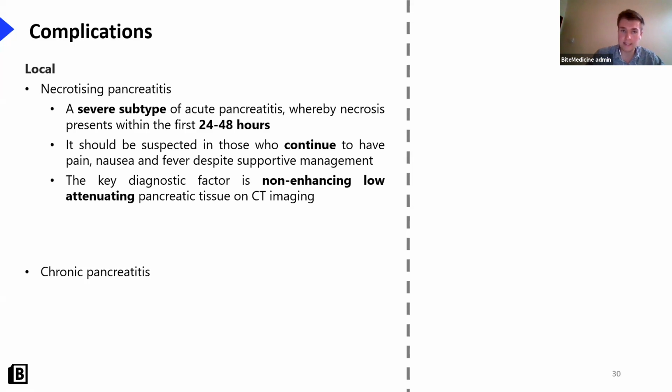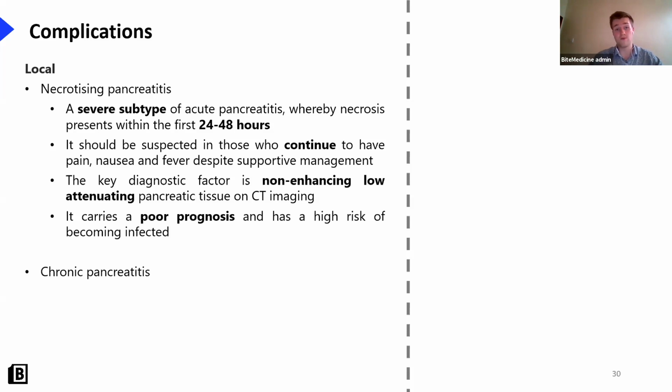And the key diagnostic factor is non-enhancing, low attenuating pancreatic tissue on CT imaging. So if you're suspecting that they may have it, you order a CT with contrast, you get the report back and it says this, it's looking pretty likely. It carries a really, really poor prognosis and has a high risk of becoming infected.